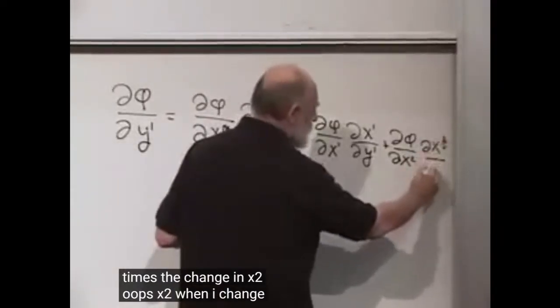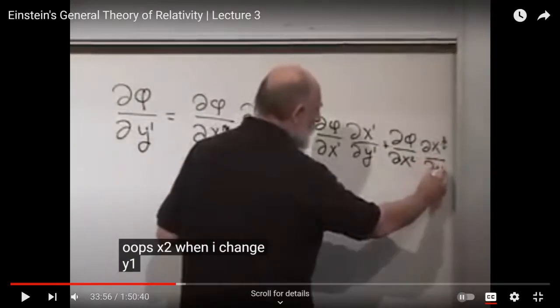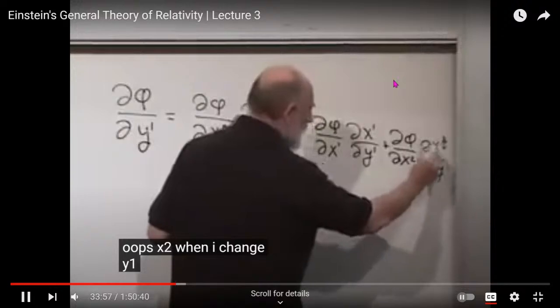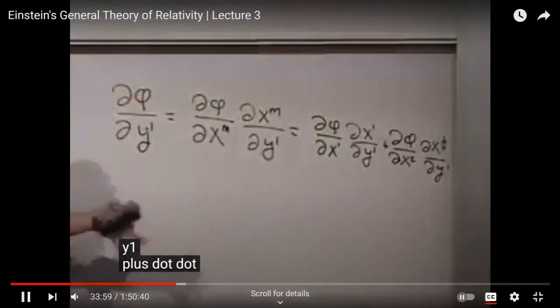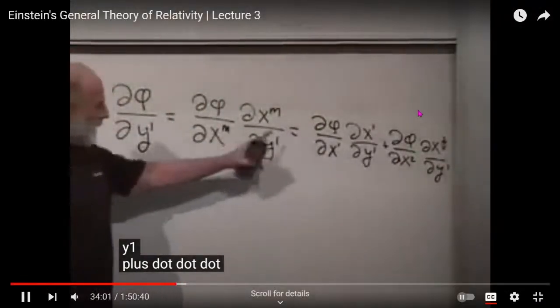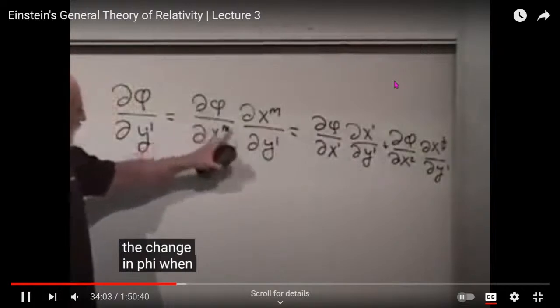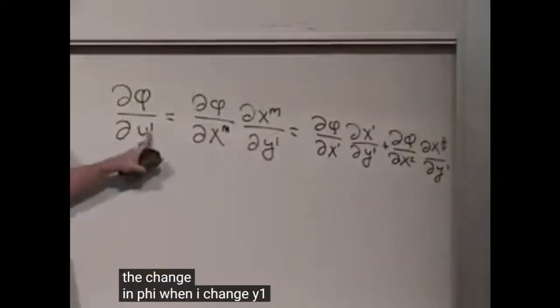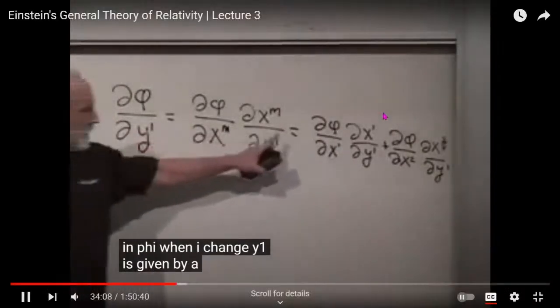I was afraid he's going to run out of boardroom. There's no way he has enough room to do all 4. So even after 2, he's out of room. Plus dot. The change in phi when I change y1 is given by a sum.